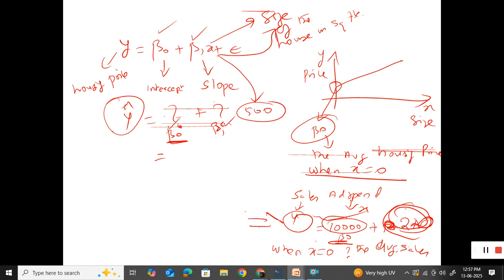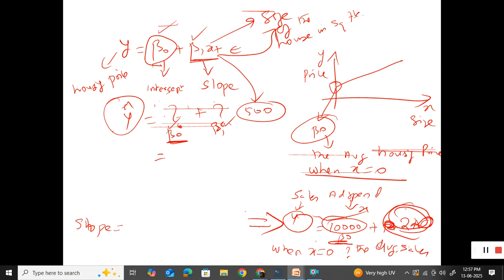Very good. Now you are clear about the intercept. What about the slope, beta 1? What is slope?